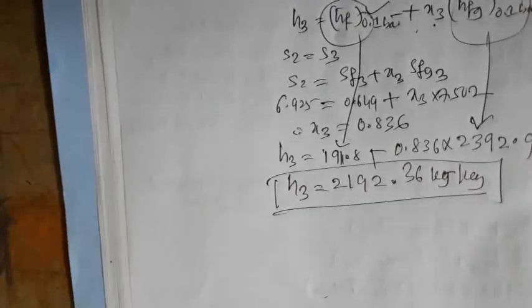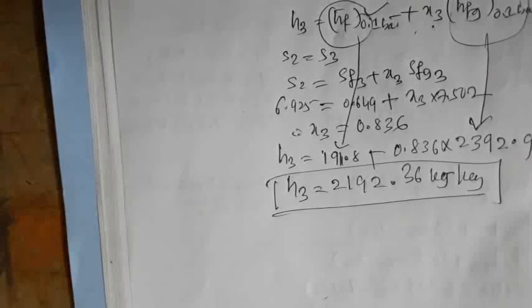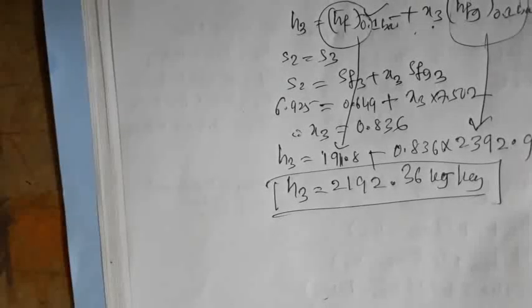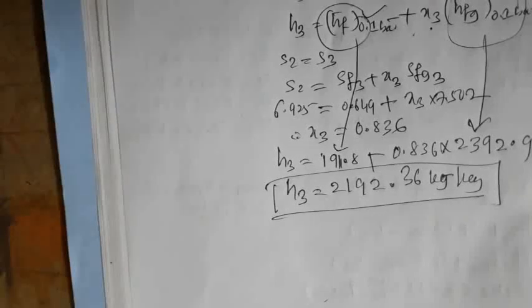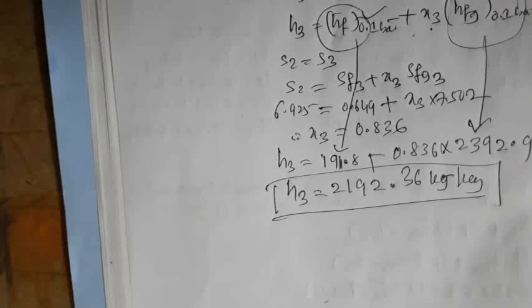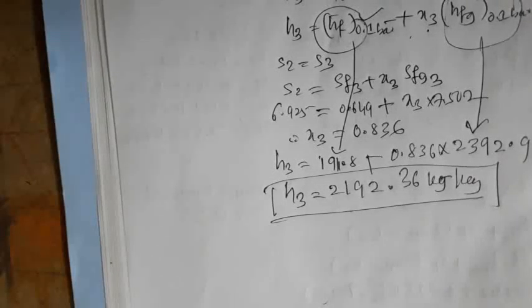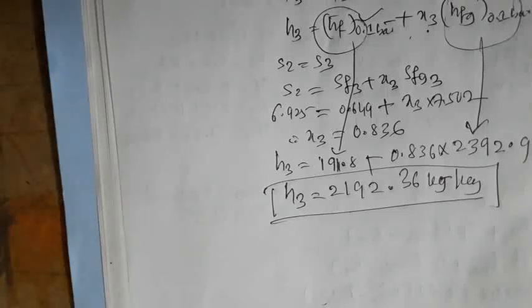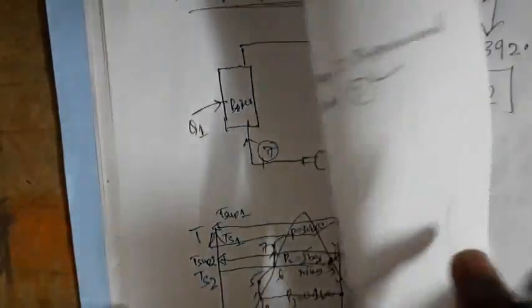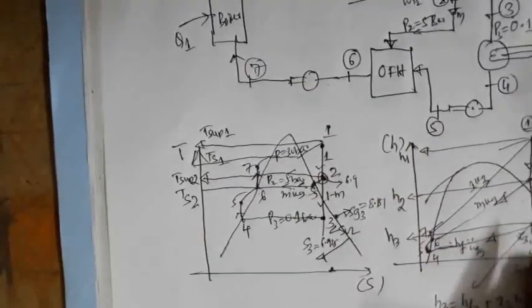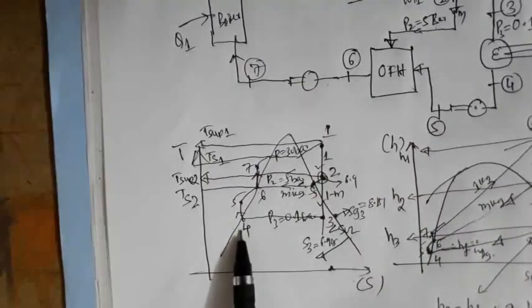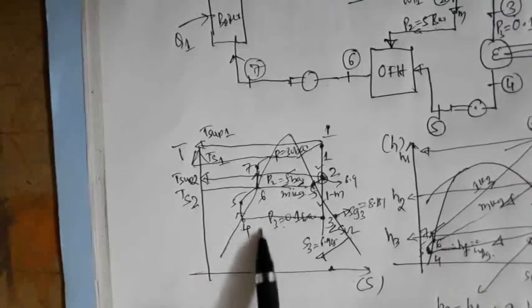We can also calculate the H4 and H6 values, which will be required for our further calculations. H4 is nothing but HF at 0.1 bar; from the TS and HS diagrams we can understand that HF4 is nothing but HF at the 0.1 bar pressure line.